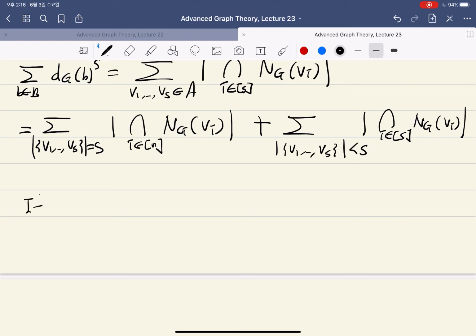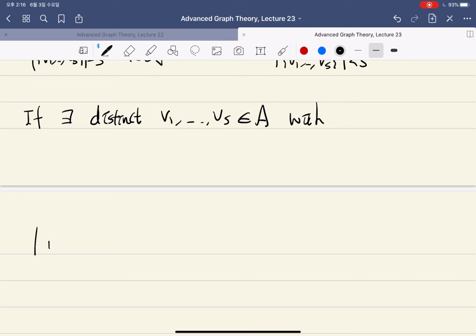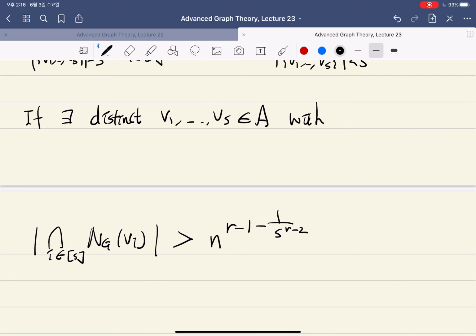So if there exist P1 to Ps, let's consider the first case, which are distinct, with this common neighborhood size bigger than n to the r minus 1 over s to the r minus 2.